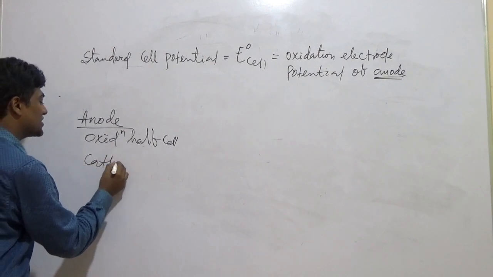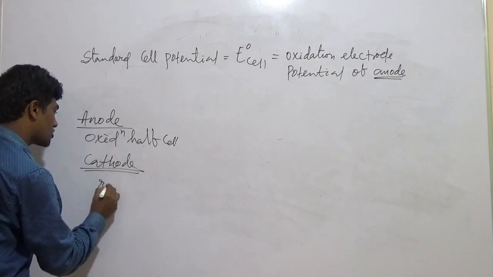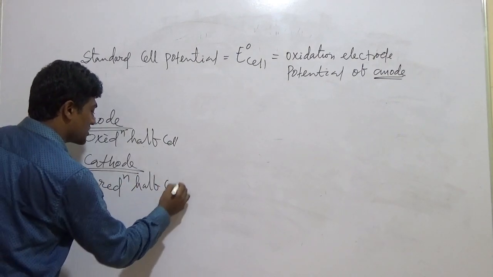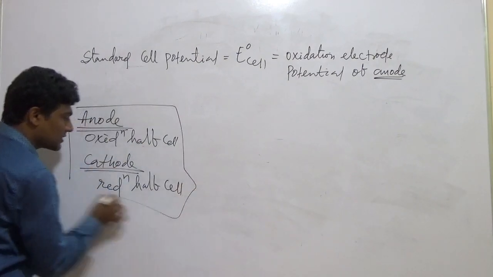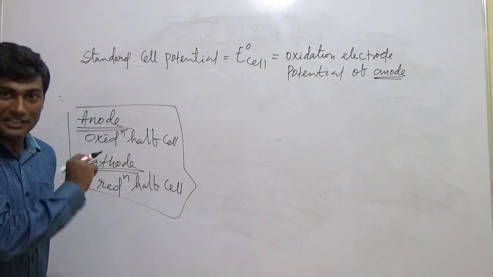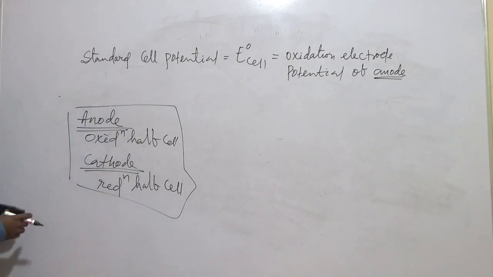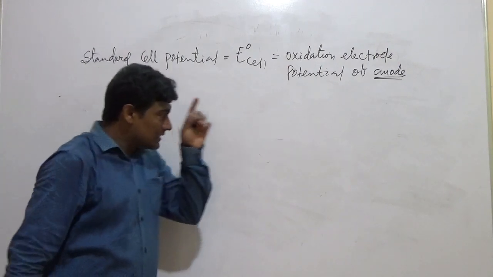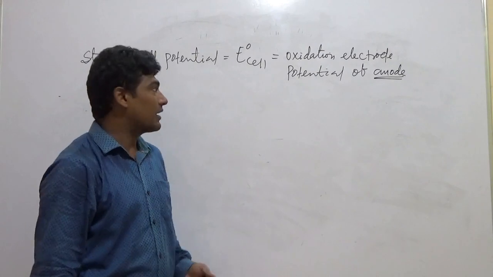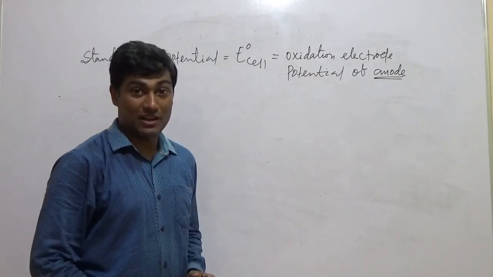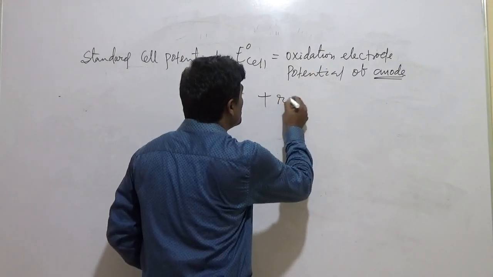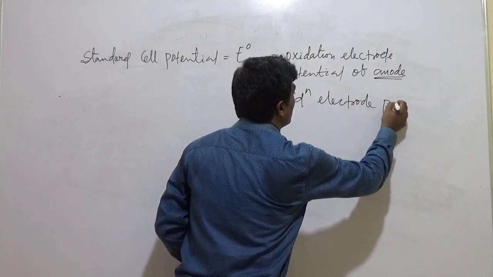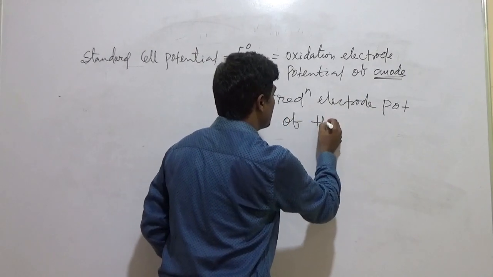Cathode is the reduction half cell. Remember it. Write it down. So now the standard cell potential is equal to the oxidation electrode potential of the anode plus the reduction electrode potential of the cathode.